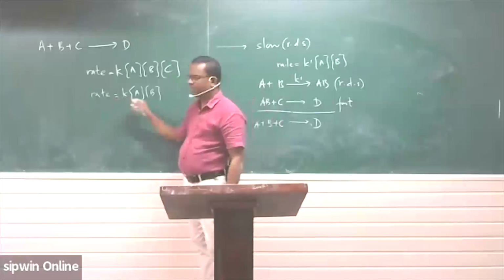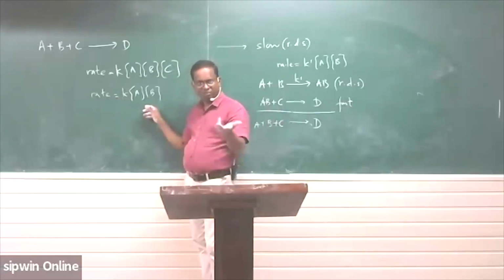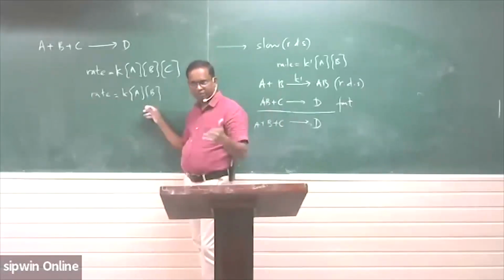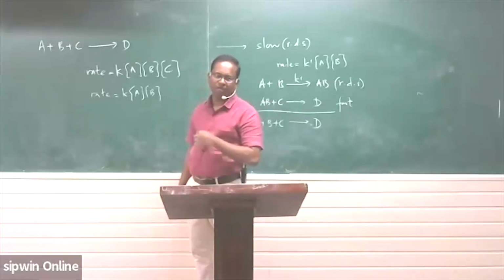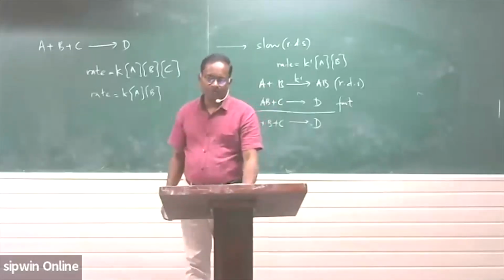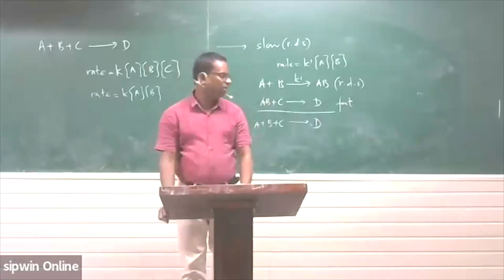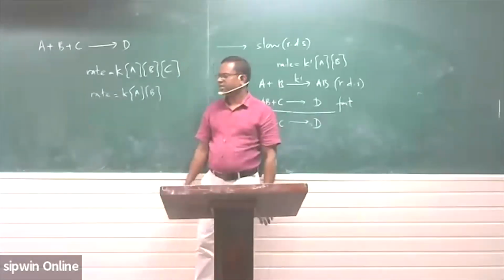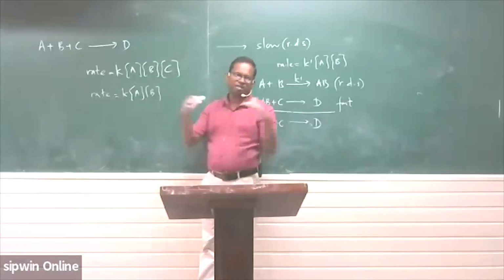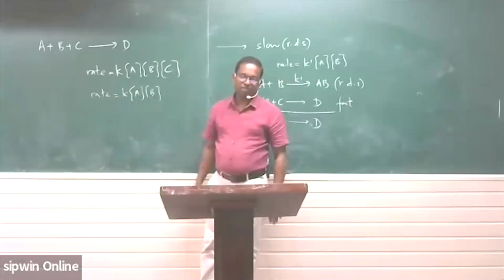If I give it this way, with C missing, it means with respect to that one it is zero order. It means C should be involved in a fast step after the rate determining step. Then you can see A and B may be in the rate determining step or in a pre-equilibrium.